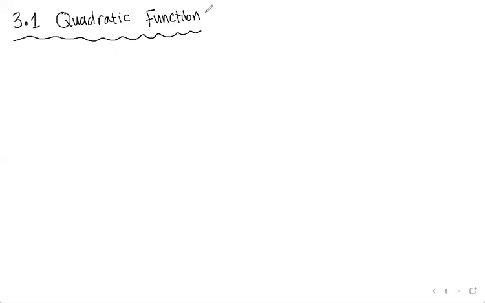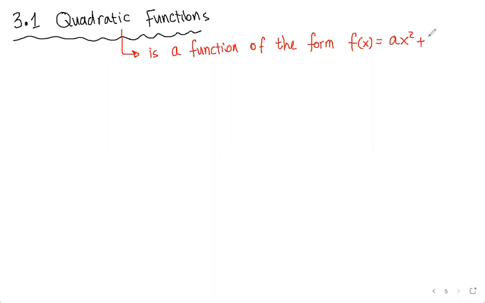So 3.1, quadratic function. What is the meaning of the quadratic function? A quadratic function is a function of the form f of x equals a x squared plus b x plus c, such that a is not equal to 0.